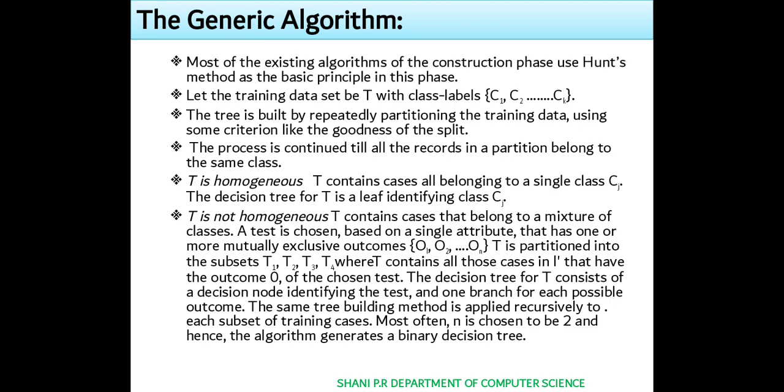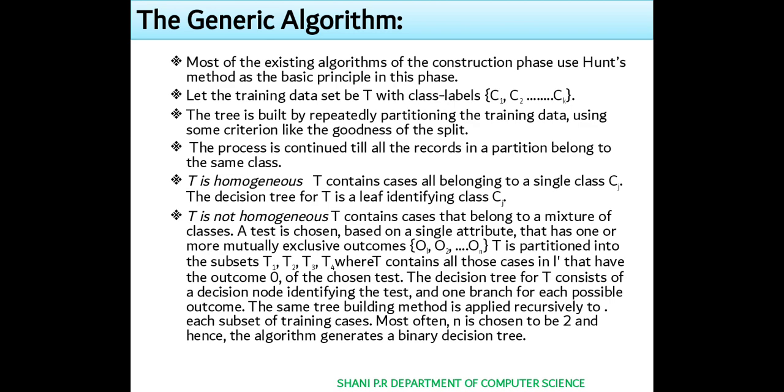The same tree building method is applied recursively to each subset of training cases. Most often n is chosen to be 2, and hence the algorithm generates a binary decision tree. So binary decision tree means you have a result like yes or no, the two forms of results.